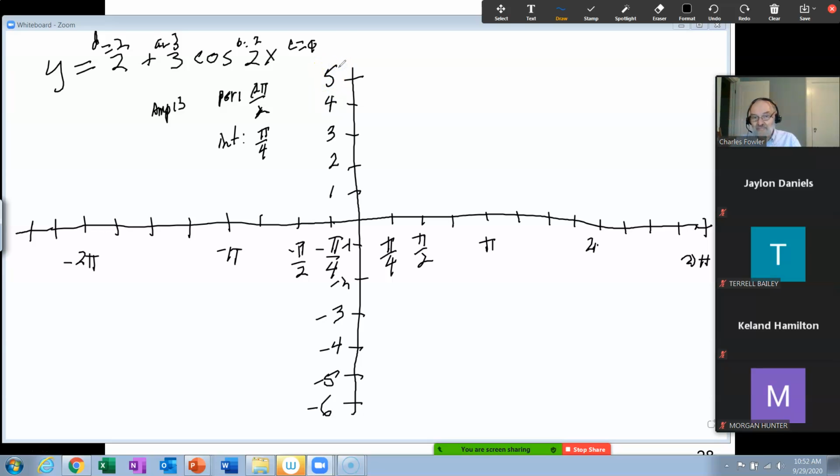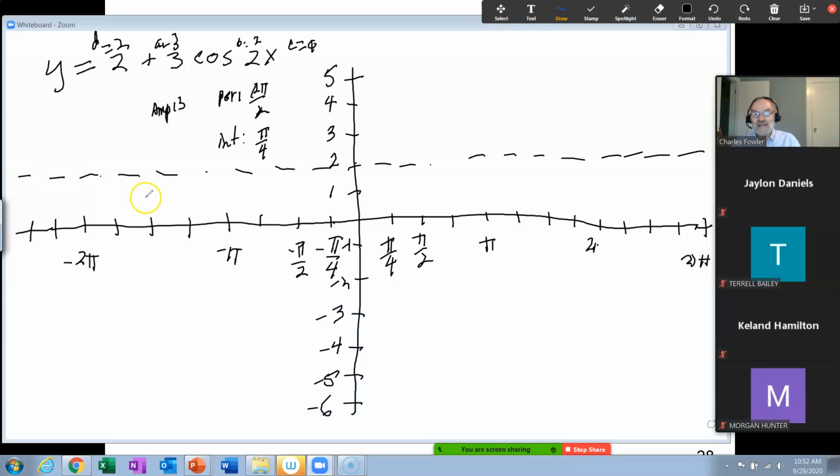Now, start with your shifts. Your D is 2. So here is the D. That's going to make this our new equilibrium position. D is our new baseline, you might say. That's what everything is going to be measured along.